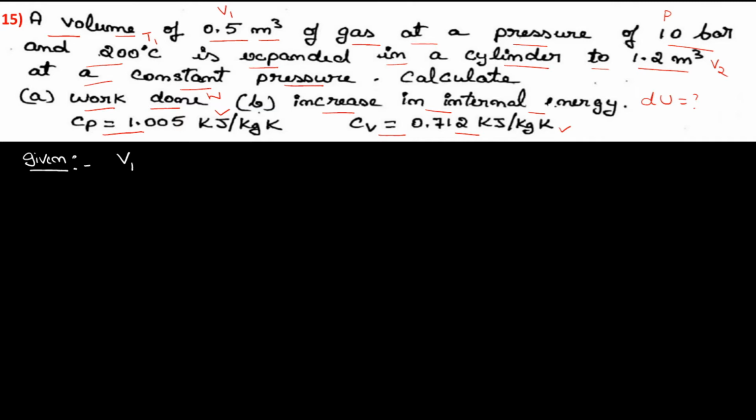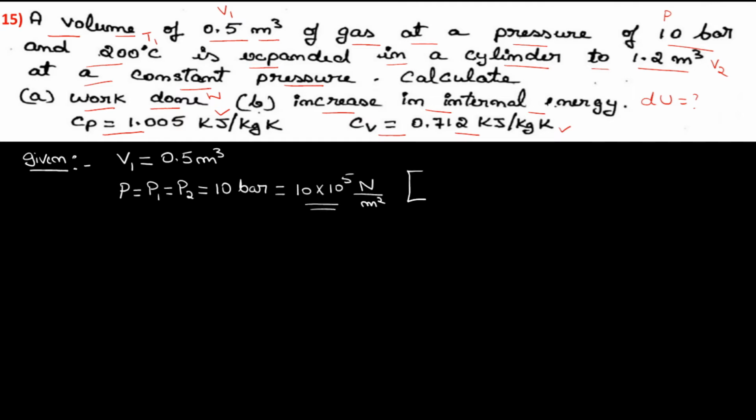Initial volume V1 is equal to 0.5 meter cube, pressure of 10 bar, but the process is constant pressure. Therefore, P is equal to P1 is equal to P2 is equal to 10 bar. We know that 10 bar is equal to 10 into 10 to the power of 5 Newton per meter square. Why?